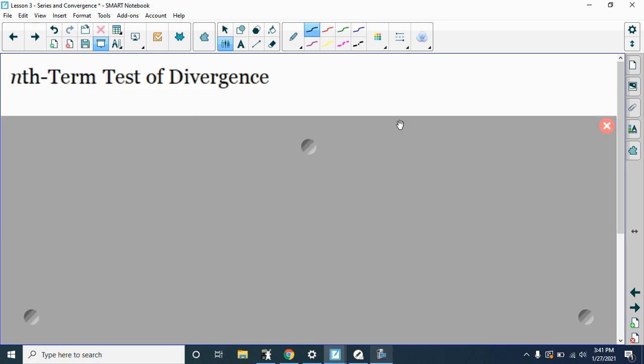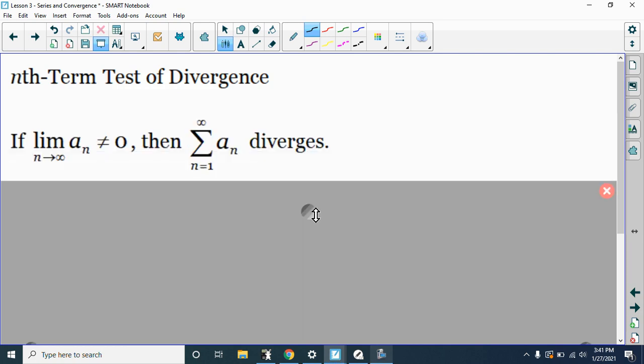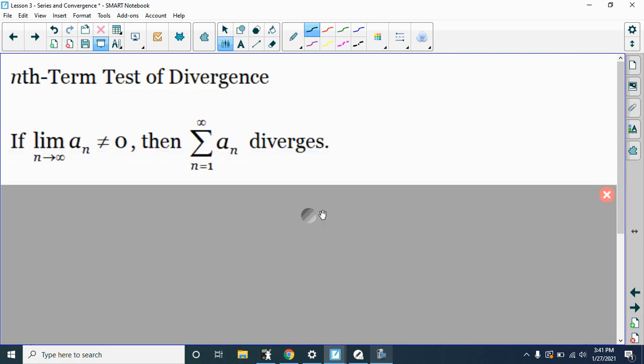The last thing we need to talk through here is called the Nth Term Test of Divergence. The Nth Term Test. It simply says that if the limit as n goes to infinity of a sub n is anything except 0, then the sum diverges.